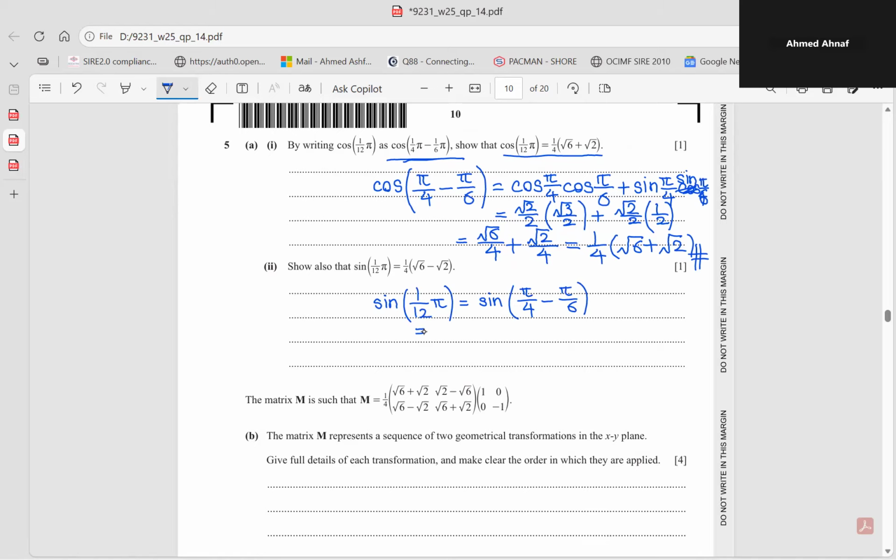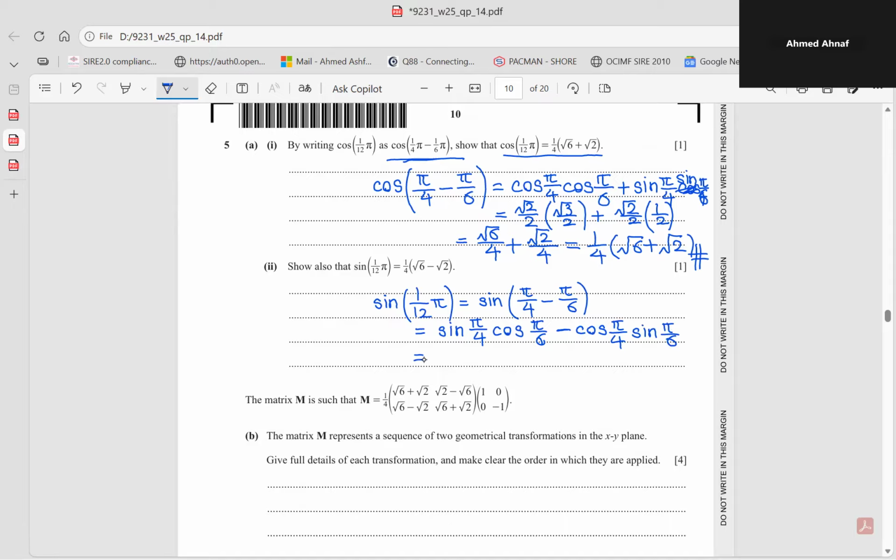Again, if you don't know the sine formula, you can just go back and look at it. So this is sine pi over 4 cosine pi over 6. This time the signs match, minus cosine pi over 4 sine pi over 6.